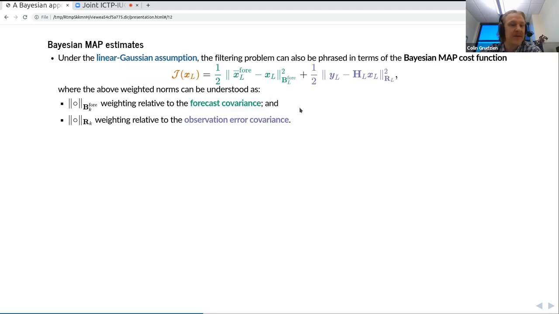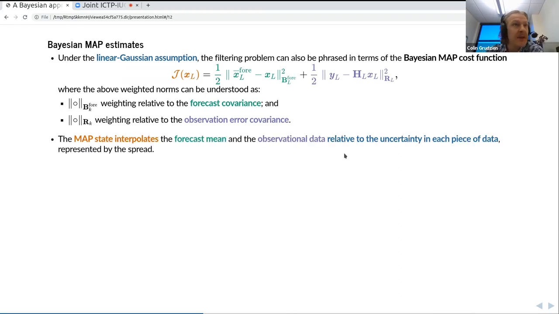Again, these are the weighted norms from the last slides. So the MAP estimate interpolates the forecast mean and the observation data relative to the uncertainty in each piece of data as represented by its spread.